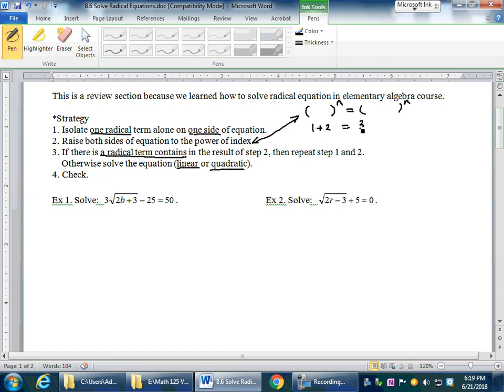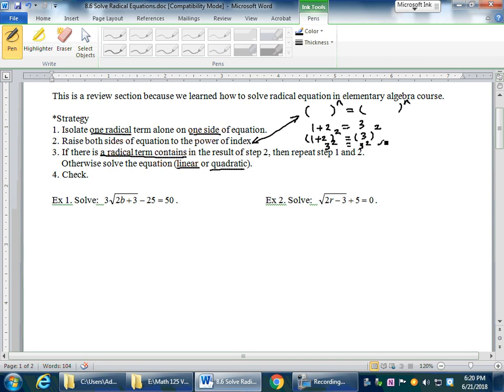We agree with that, right? If I square the entire left and the entire right, then there will be (1 plus 2) to the second power and 3 to the second power, which gives us 3 squared is equal to 3 squared. That is true, right? This is good.